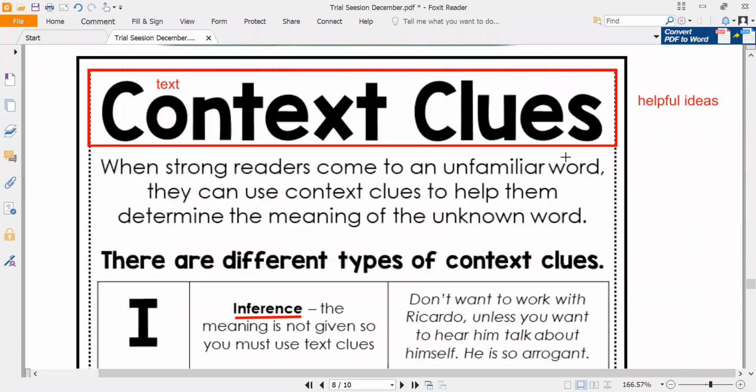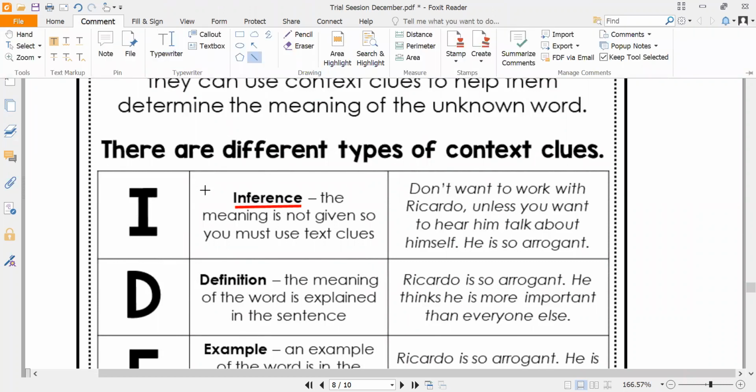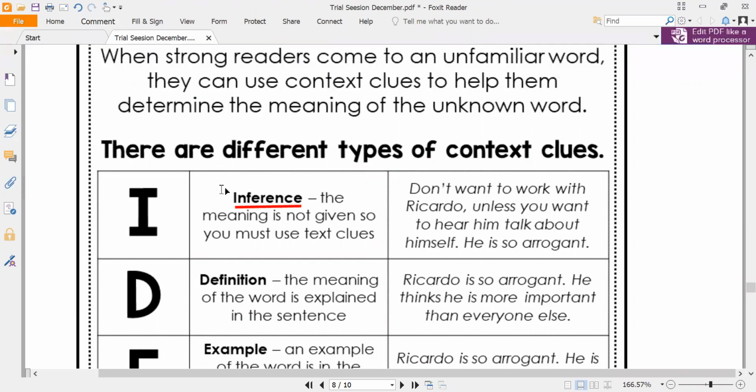It means guessing. So very simply, inference means guess. Inference means guessing. Okay? Guess equals the meaning of the word infer.